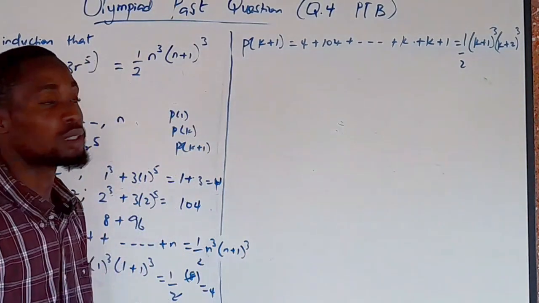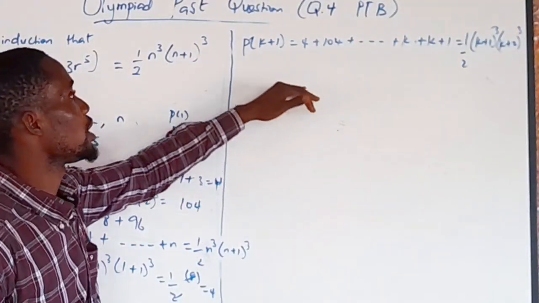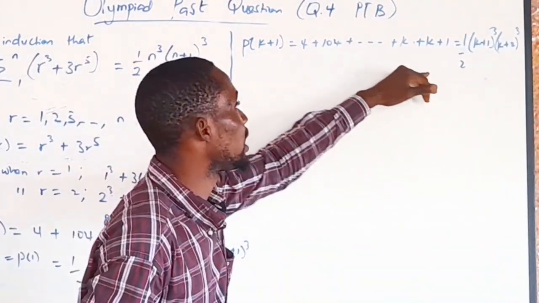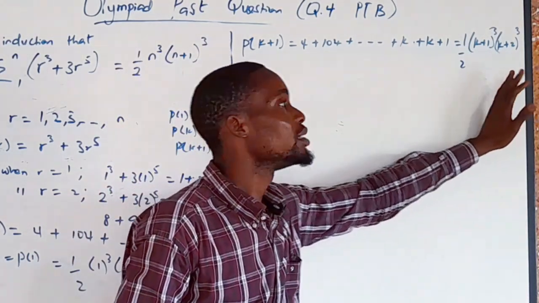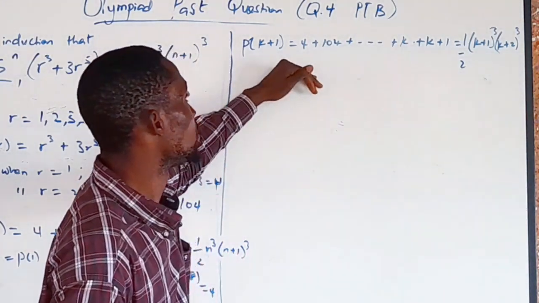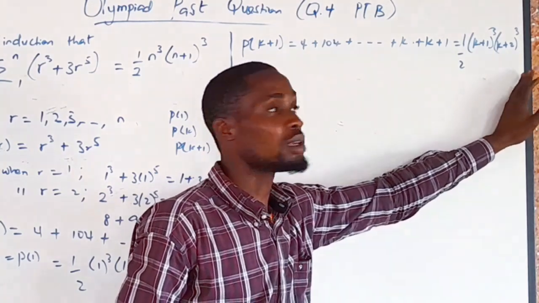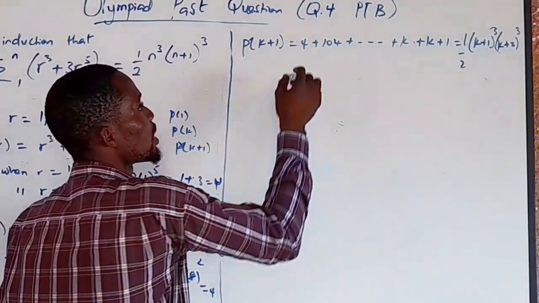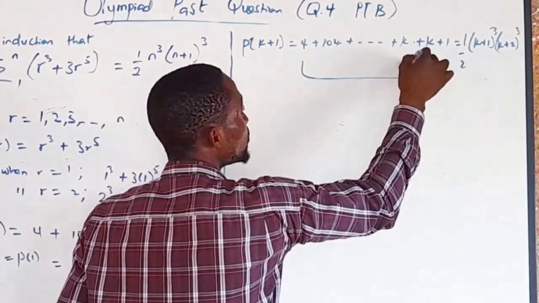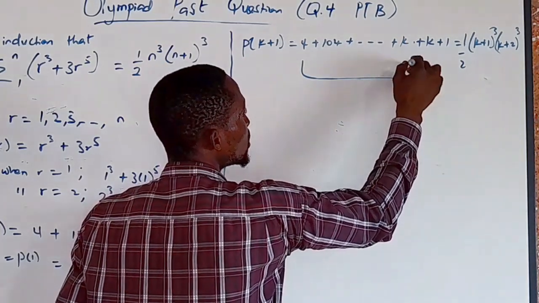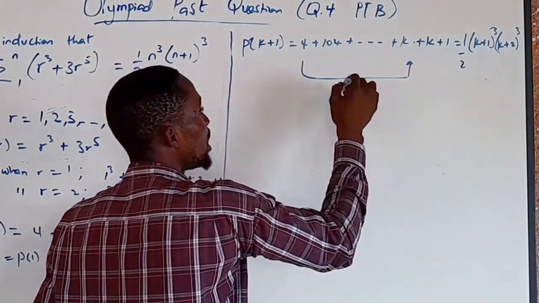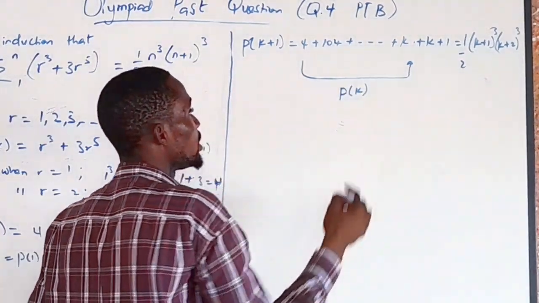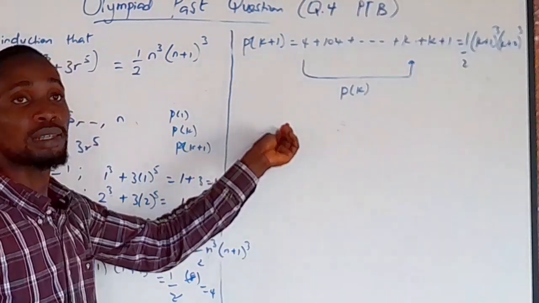Now, at this point, what I will do here is solve from my left hand side, get my right hand side. That is, all that is here, I will solve it to get all that is there. But before then, this represents something. From 4 down to k represents my P of k, as I presented also in my last class.